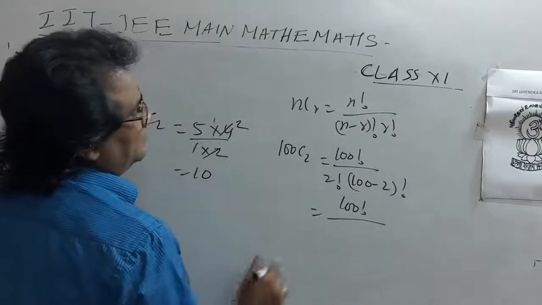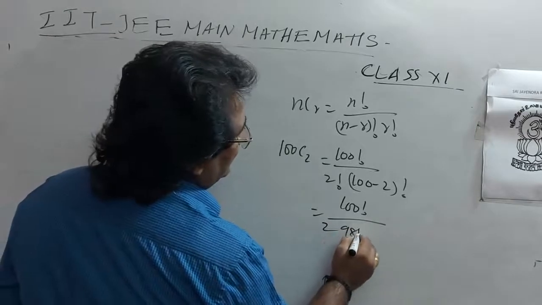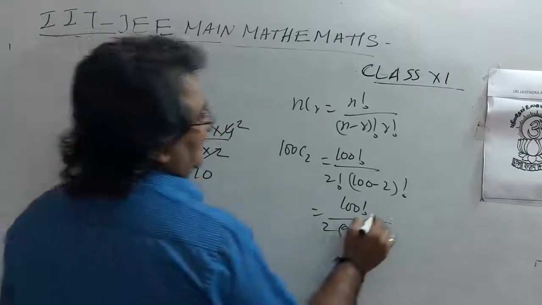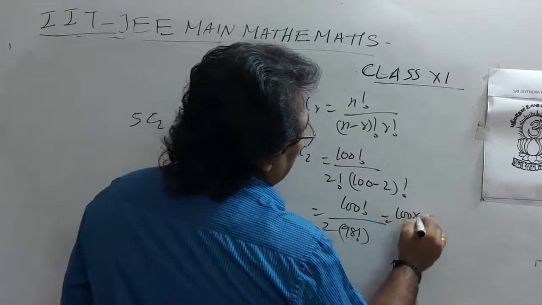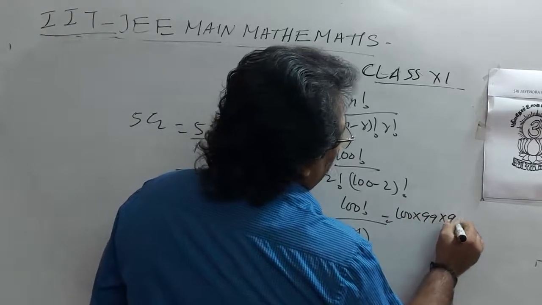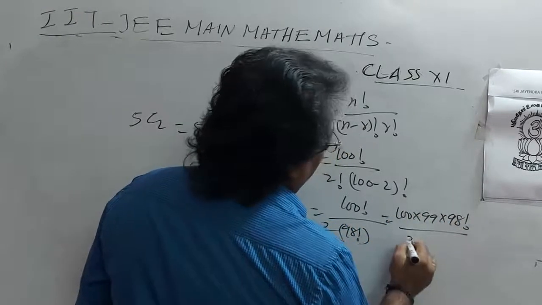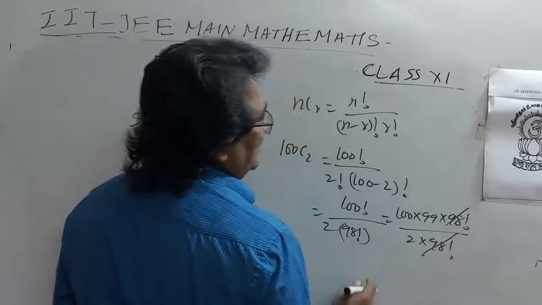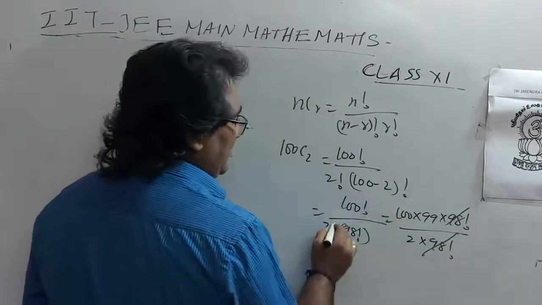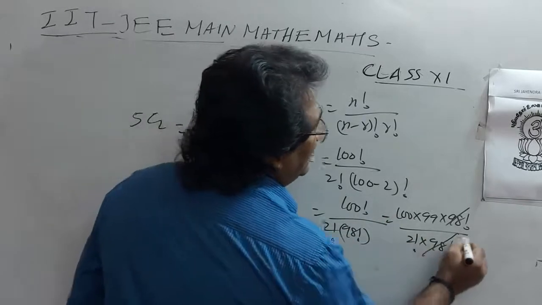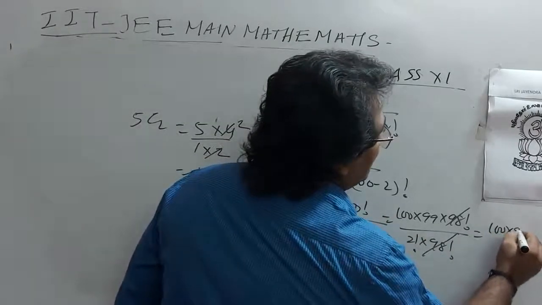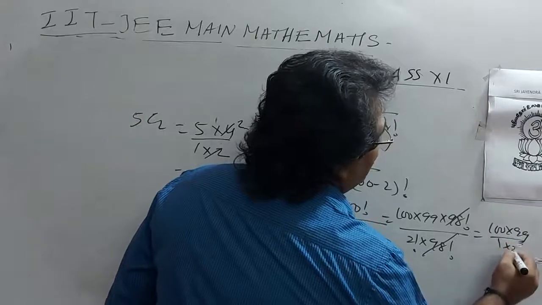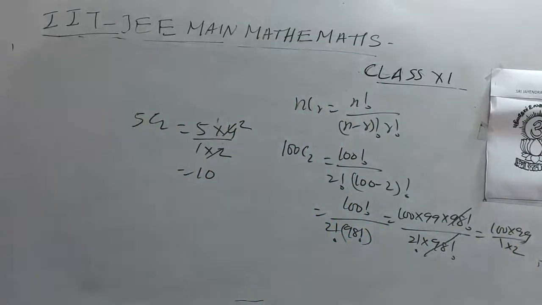That is 100 into 99 into 98 factorial by 2 into 98 factorial. This will be cancelled. That is 100 into 99 by 1 into 2. This is the way to simplify.